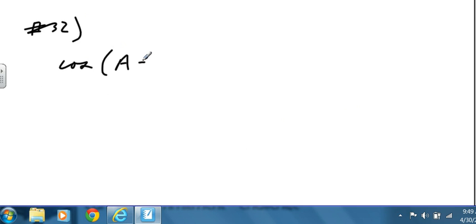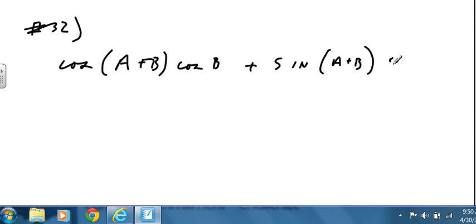Cosine A plus B cosine B plus sine A plus B sine B. But it's not equal to anything. What are we supposed to do? Oh, we're just simplifying. Oh, no problem.